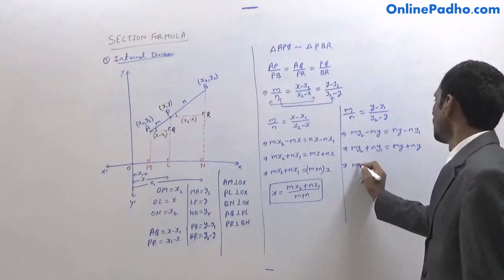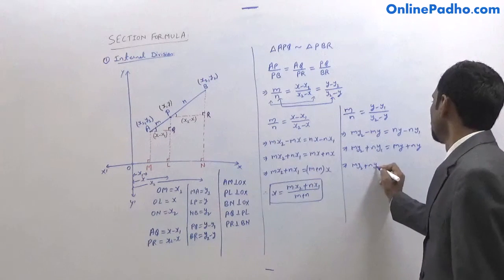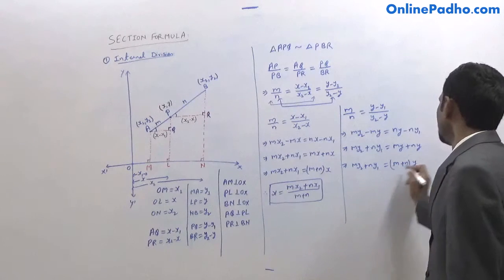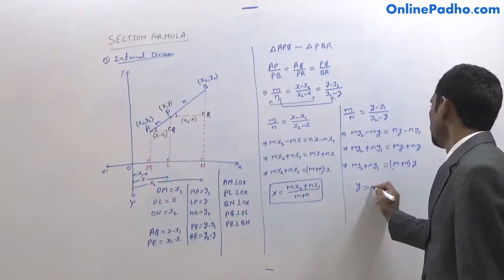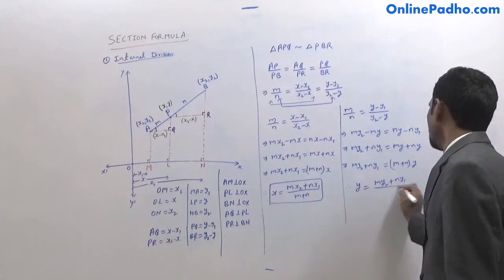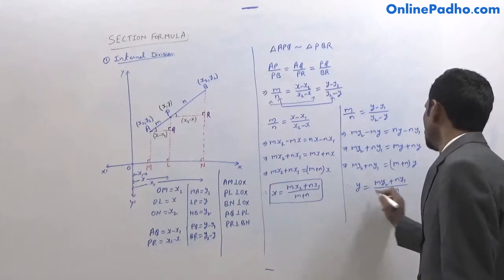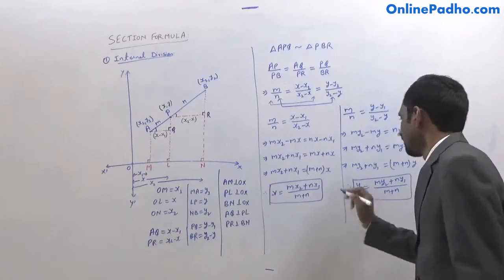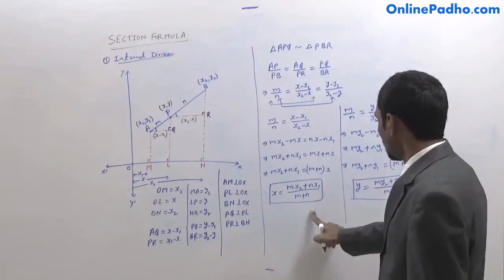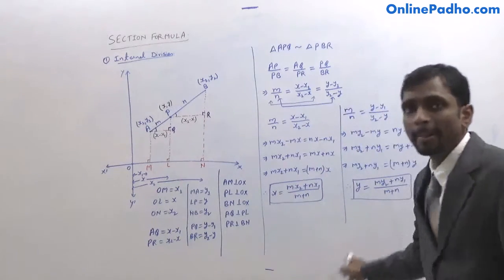Similarly to x, we take y common here. Therefore y is equal to My2 plus Ny1 divided by M plus N. So this is the value of y. Now we have found the value of x as well as y.